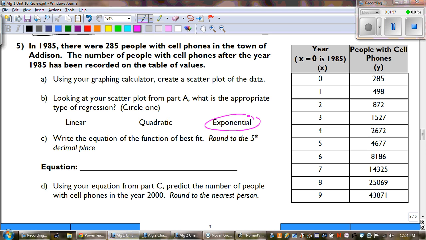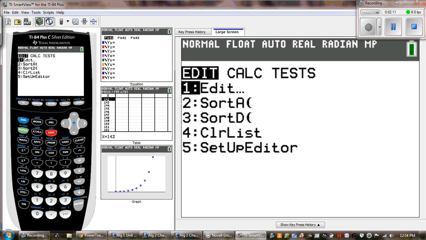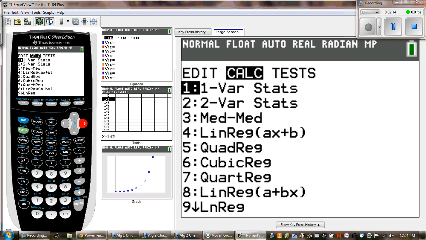All right, so write the equation of the function of the line of best fit and round to the, what decimal does it say? Good, round to the 5th decimal. So I'm going to go to stat, go to calculate, and go to exponential reg.